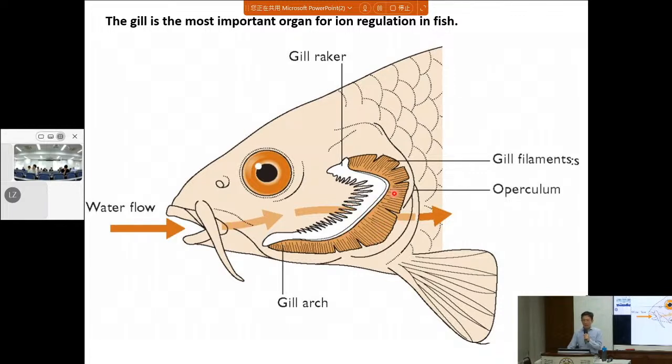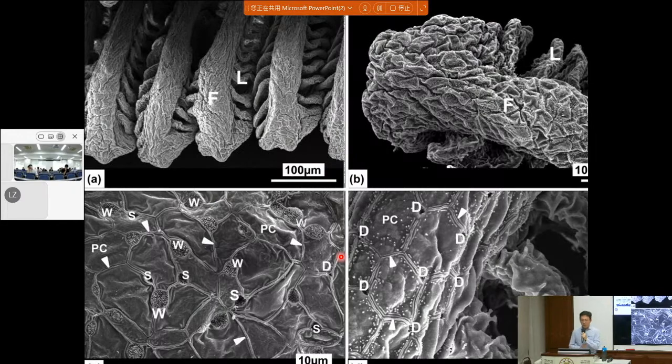In the gill, the fish breathe, taking up oxygen and dissolving CO2, and at the same time they perform ion regulation. If you look at the structure and the cell types of the gill, you can see the filament and the lamina.